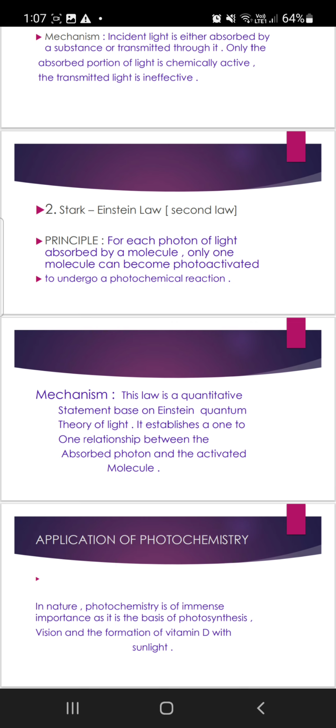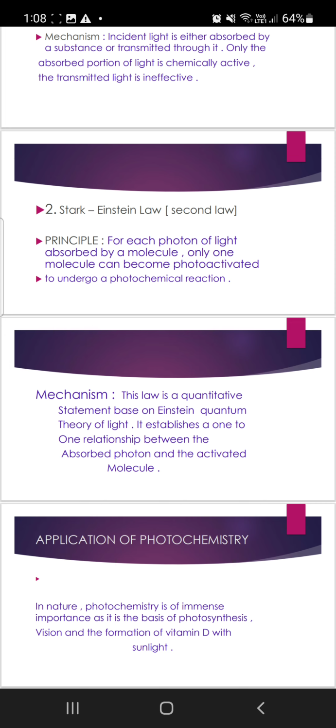In nature, photochemistry is the basis of photosynthesis, vision, and the formation of vitamin D with sunlight. Because of these factors, photochemistry is of immense importance in nature.